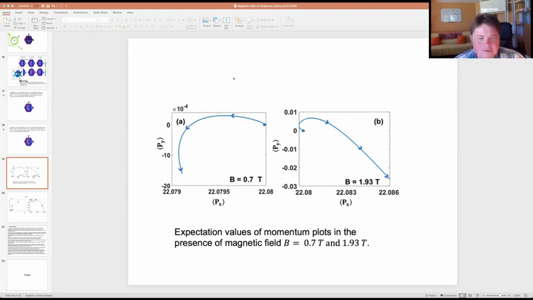Yes. Okay. So here we can see the trajectory of expectation values of momentum at two different magnetic fields. I indicated the direction of the trajectory with arrowheads.